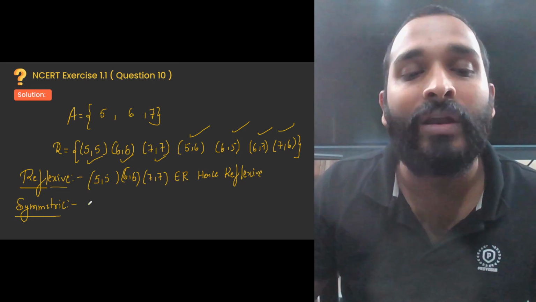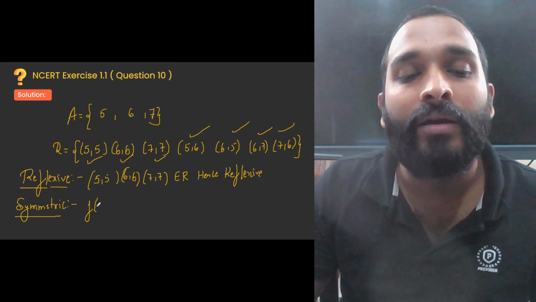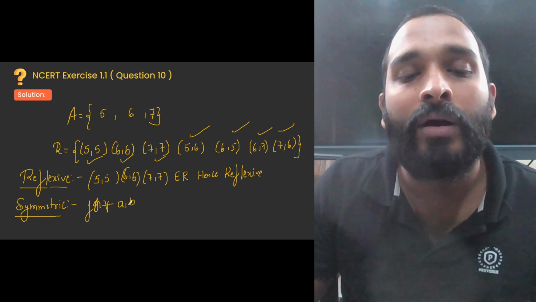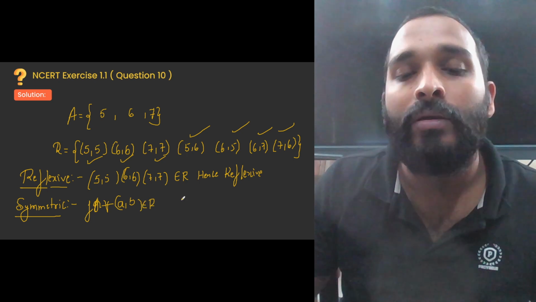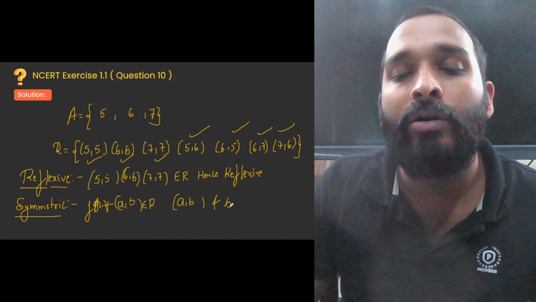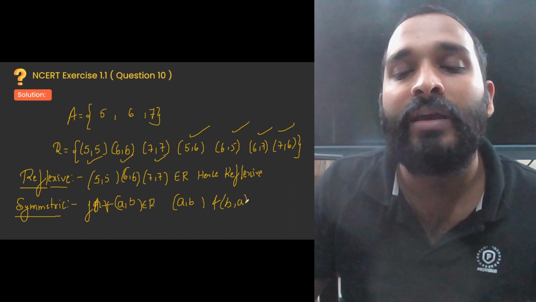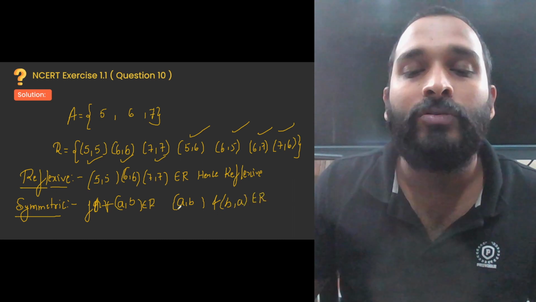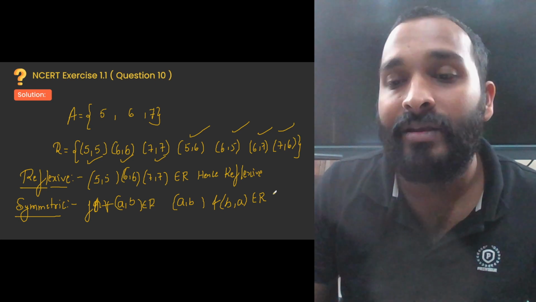So you can write, for every (A, B) belongs to R, here (A, B) and (B, A) also belong to R for every case, correct? So hence it is symmetric.